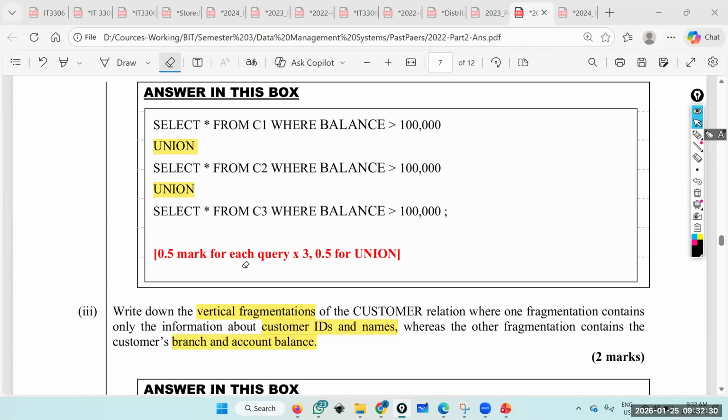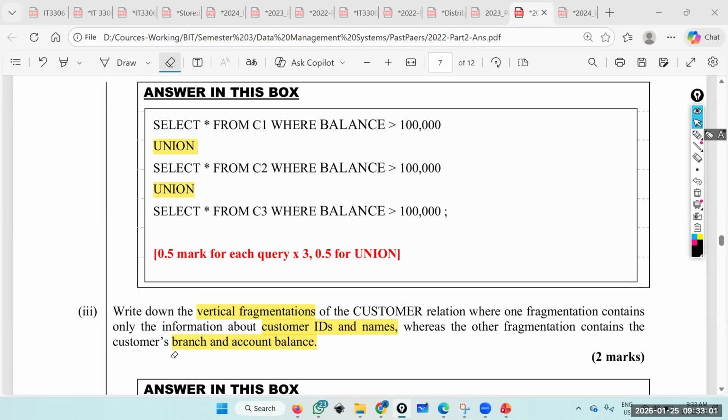Third part. Write down vertical fragmentation of the customer relation, where one fragmentation contains only the information about customer ID and names, whereas the other fragmentation contains customer's branch and account balance. But make sure both have customer ID, otherwise you can't connect.